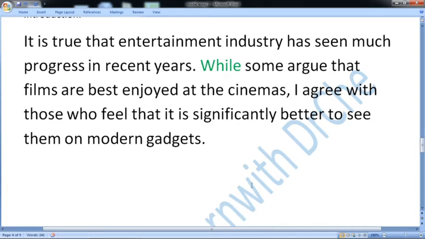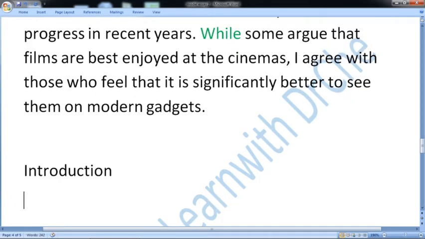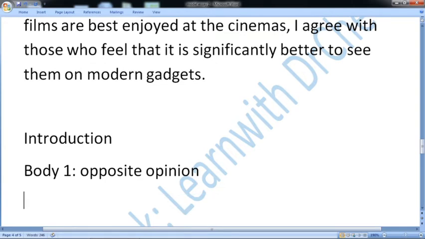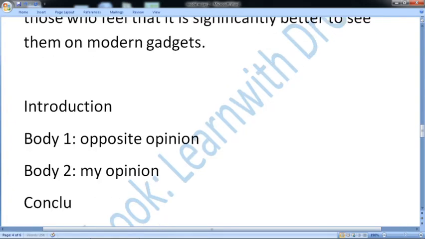Now after the introduction, this is my organization of my essay. Body 1, opposite opinion; body 2, my opinion with arguments; and then conclusion.